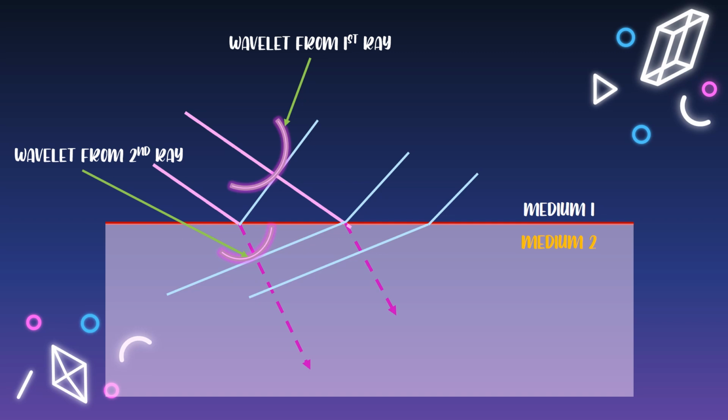Since the Huygens principle states that the new wavefront is tangent to all the wavelets, the wavefront now is tangent to the wavelets. So this is where wavelets are formed.